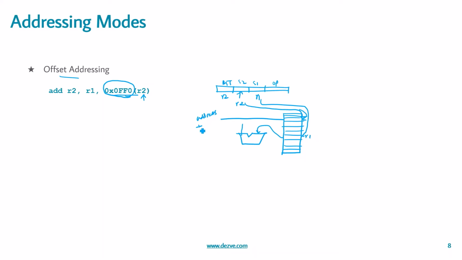This address will be added with this offset, and this resultant address will be indexed into the memory, and then this value comes here. So offset addressing is basically register indirect addressing which also allows us to specify an offset.